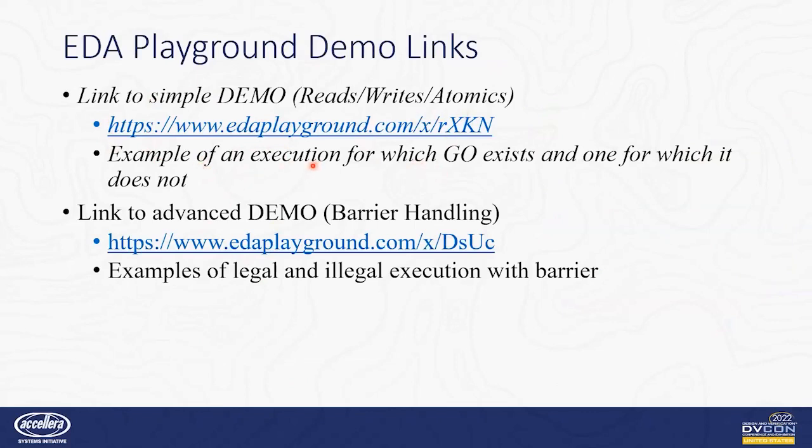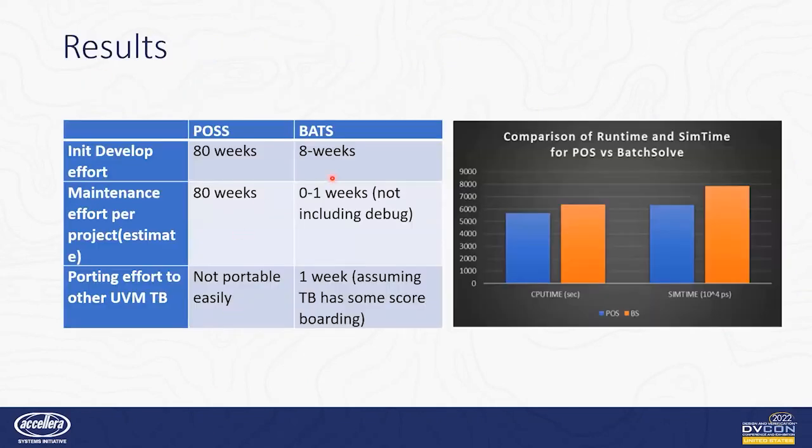The first one is a simple read-write atomic. We create one example of an execution for which a GO exists, and another one where the solver fails because there does not exist a legal global order. And then we have another link for demonstrating the barrier handling case.